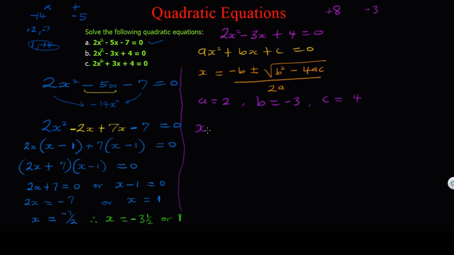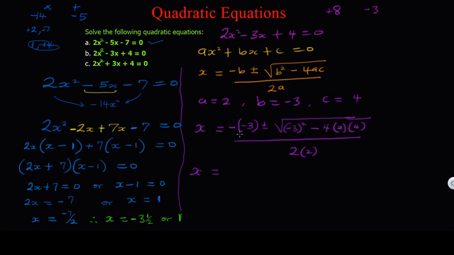Therefore x will be equal to minus, our b minus 3, close the bracket, plus or minus the square root of minus 3 all squared minus 4 times 2 times our c, which is 4, everything divided by 2 times 2, which is our a.